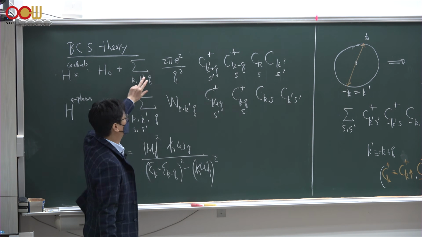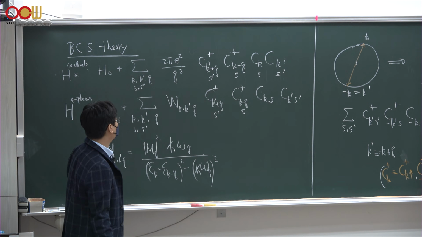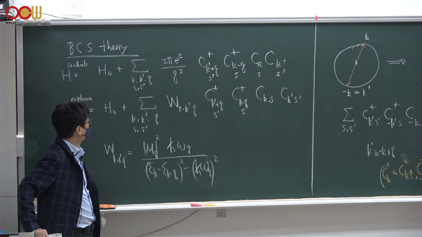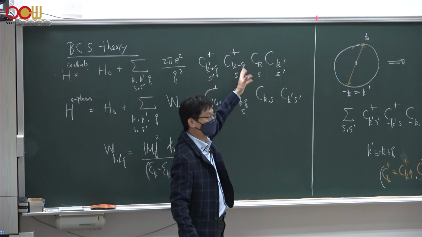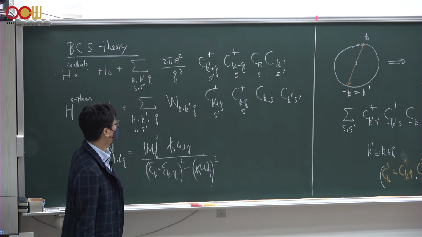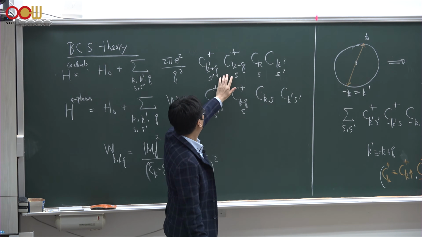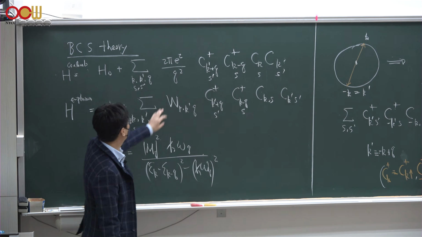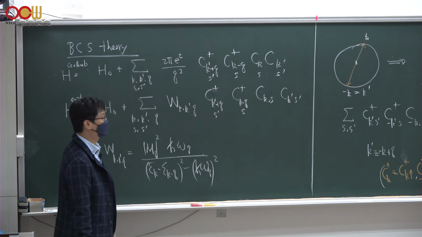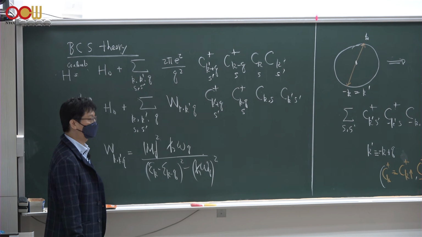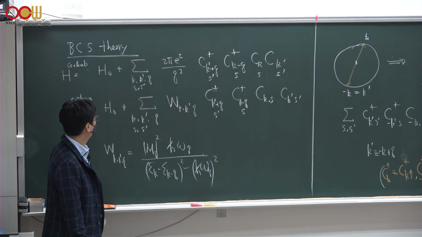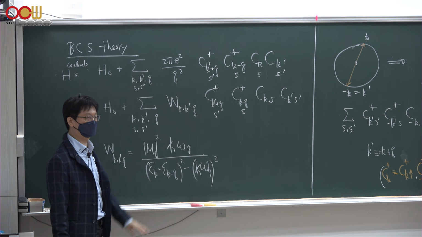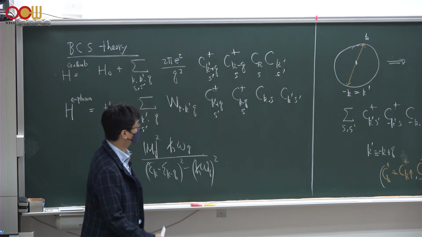And remember that when we talked about the Hartree-Fock, this is the Hamiltonian of that Hartree-Fock system, where, say, two electrons are scattered by Coulomb interactions, and this is the potential term in Hartree-Fock. And remember, this 2 pi e squared over q squared is the repulsive Coulomb interaction between two electrons. And we sum over k prime, and the spin s and s prime, and also this momentum transfer q.